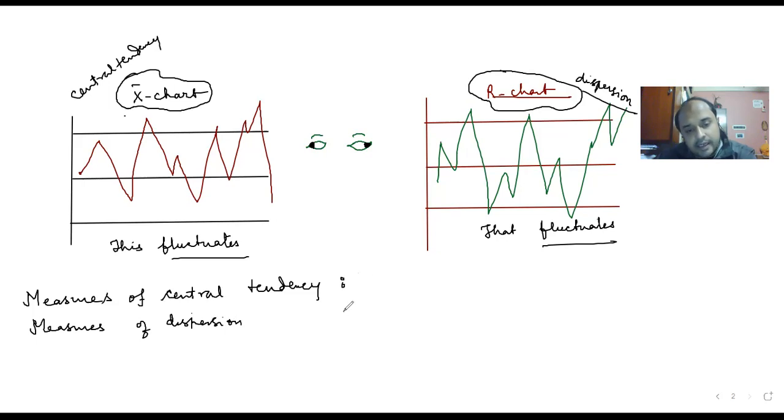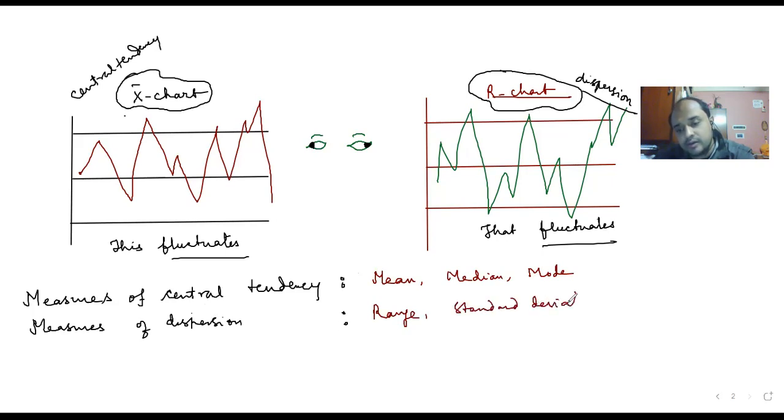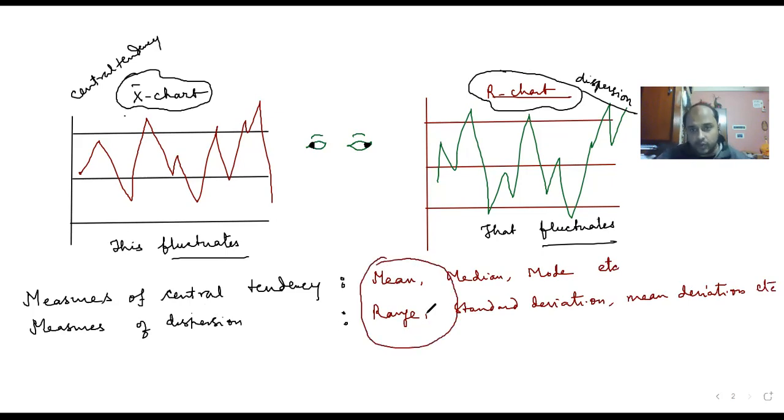In central tendency, we consider mean, median, mode, etc. In dispersion, we take range, standard deviation, mean deviation, etc. Here we have considered mean and range together, so we look at the fluctuations of dispersion and central tendency together to understand the thing in a better way.